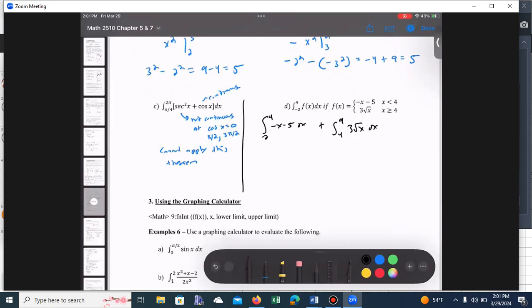Alright, so we have to take the antiderivative of each. So negative x squared over 2 minus 5x integrated from negative 2 to 4.